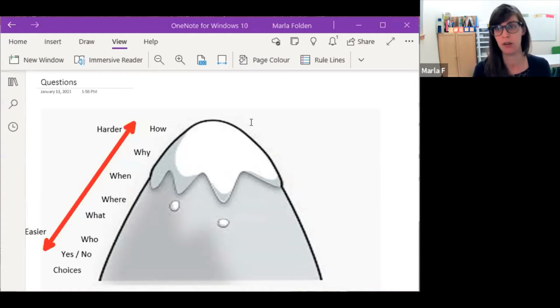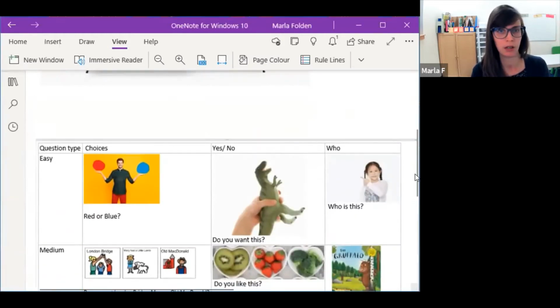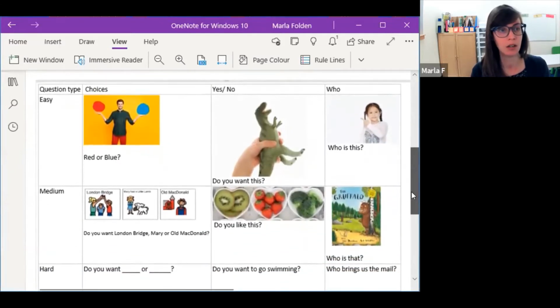Those kind of questions are even more advanced than these ones here. But for the purposes of today, we're going to stick with the fundamental WH questions and their precursors. So let's take a quick look here at what these early ones can look like. I'm going to scroll us down here. And let's take a look, because there's ways to make some of these easier and harder.